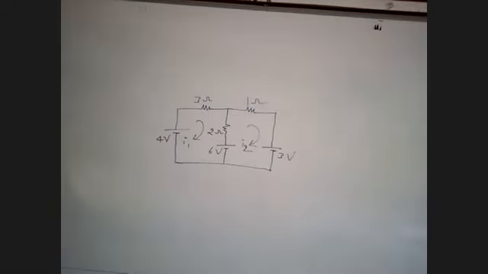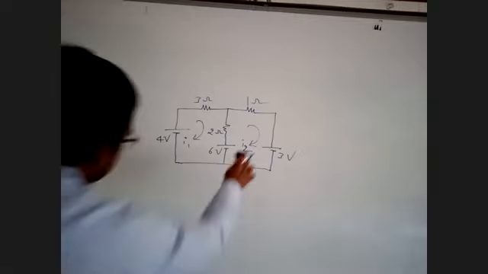Determine the currents I1 and I2 for the circuit shown in figure. Okay, you do one thing, you change the direction of current.